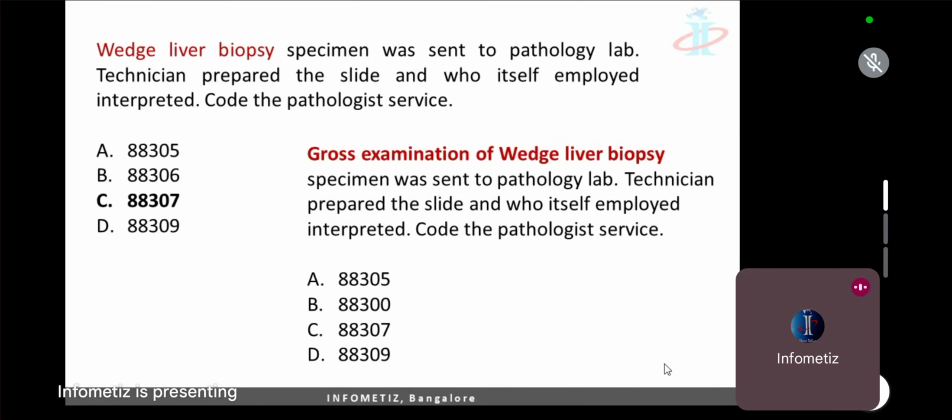Any sample, which is documented in 302, 304, 305, 7, 9, anything, anywhere, if it is only gross, 88300. Good.